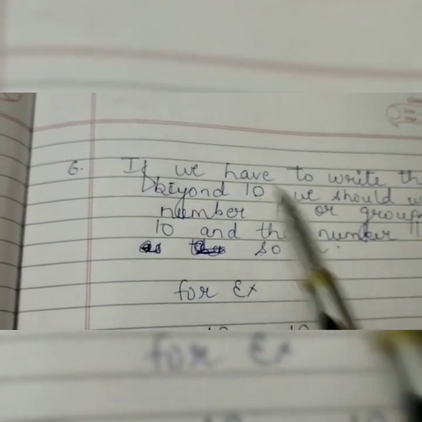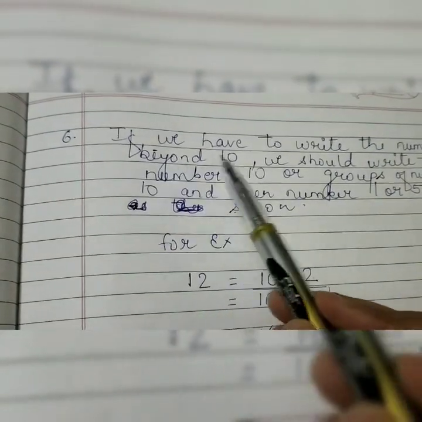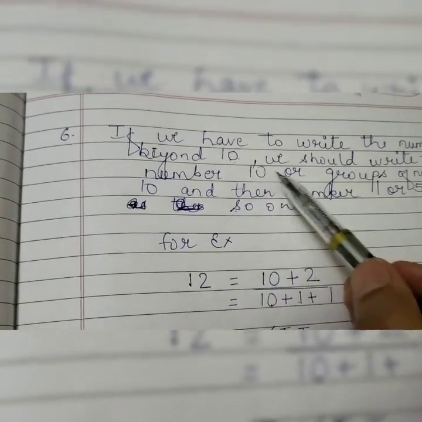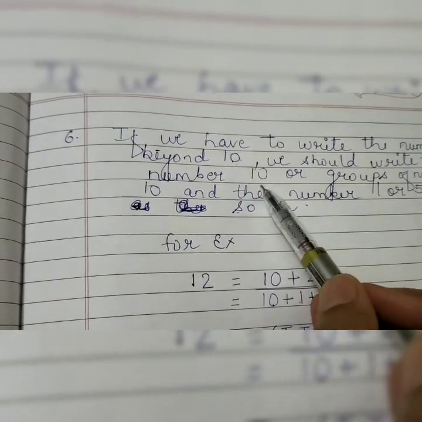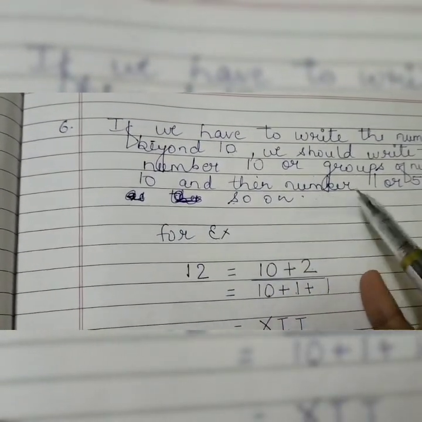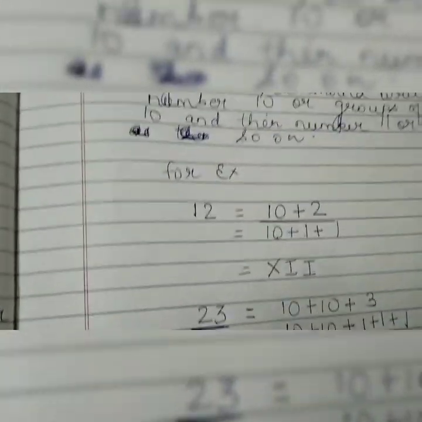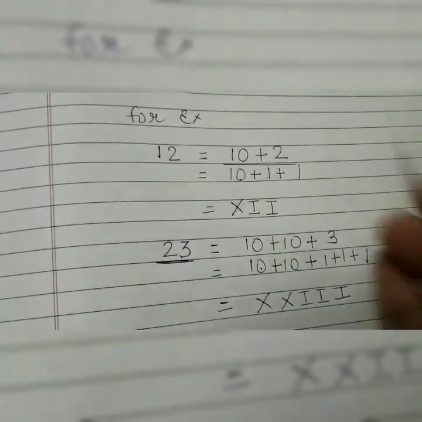Now the number 6 rule is, if we have to write numbers beyond 10, meaning after 10, we should write the number 10 or groups of 10 and then numbers 1 to 5 and so on. Like this, one example I have solved, like 12.